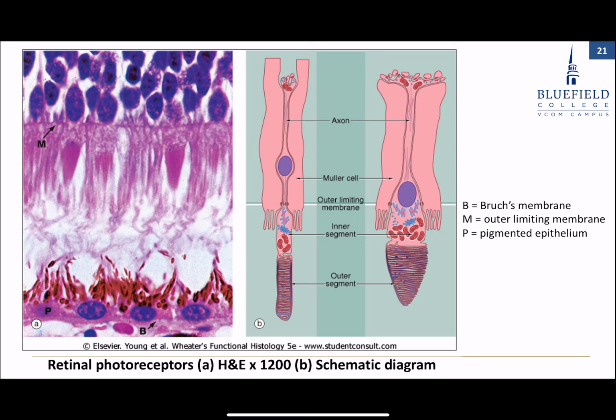The inner segment is where we've got all the cell machinery, the mitochondria, the smooth or the rough ER, the Golgi, and all that. And the outer segment right here is made up of little vesicles that are flattened and stacked on top of each other. They're made up here with the rough ER, the Golgi, and so on.